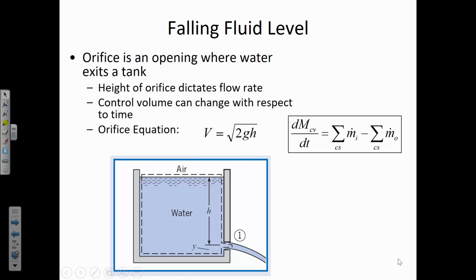Now, we've talked about the orifice equation in the lab, the idea that there's an interchange between potential energy and velocity.